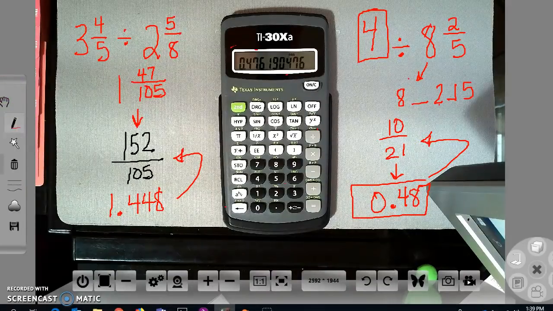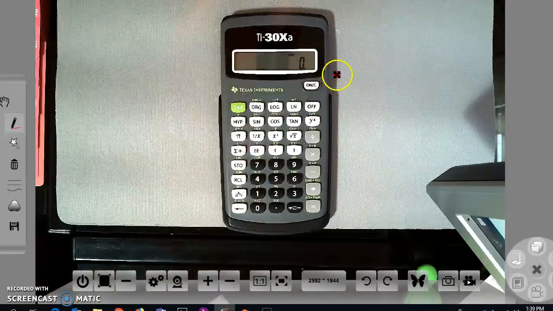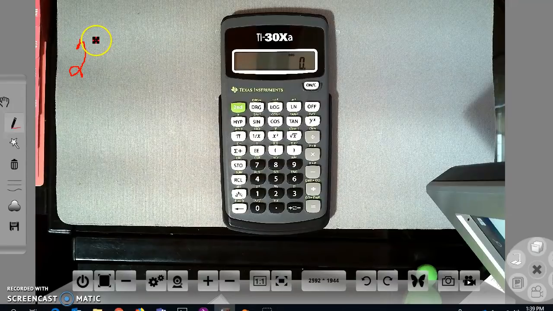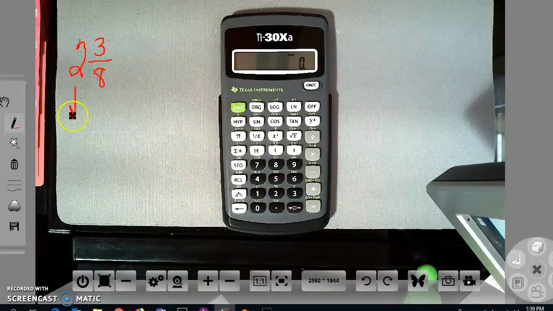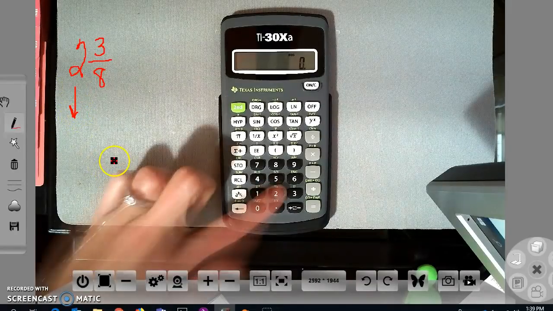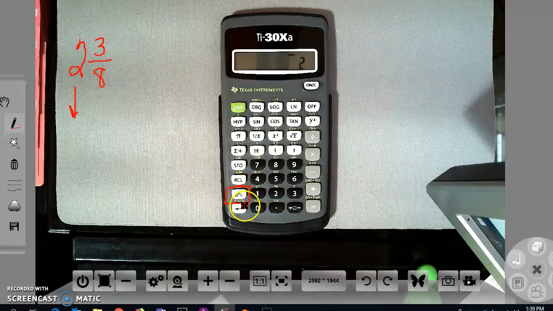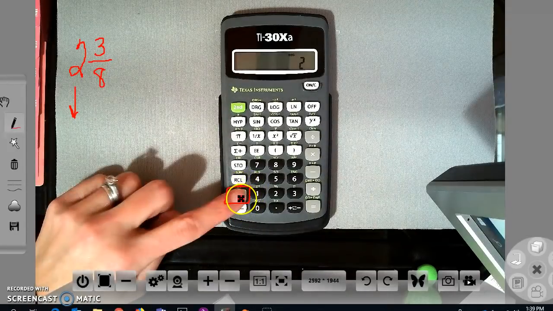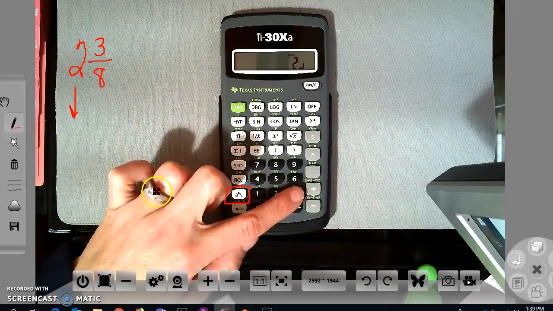So to recall how we put these into our calculators: for a whole number or a mixed number, you put your whole number in first. This is your most frequently used button for the fractions. Press the fraction button, the numerator.